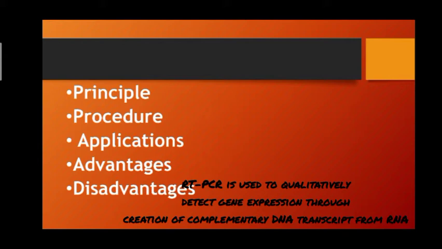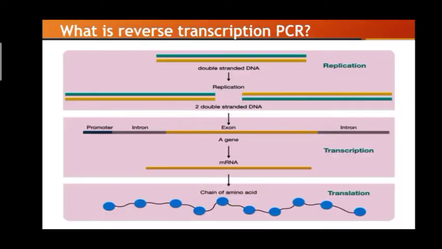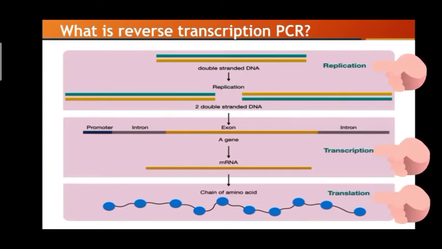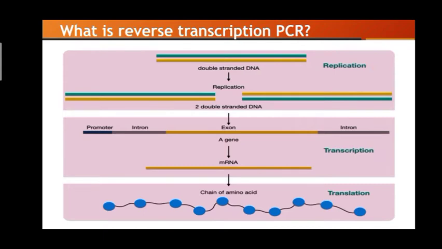So let's see what is reverse transcription PCR. Replication, transcription, and translation are commonly known as the central dogma of life, which is important to us. And this figure is the graphical representation of the central dogma process.